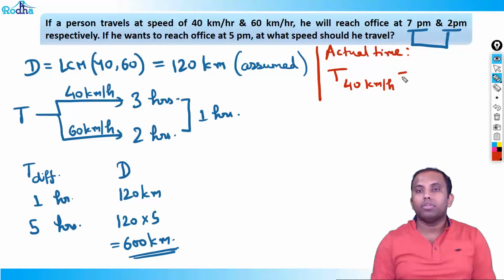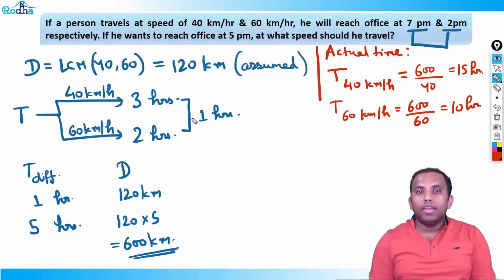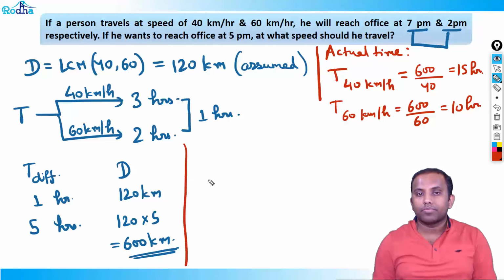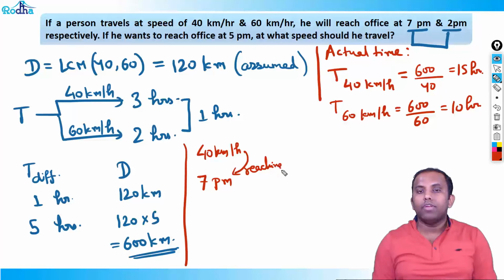At the speed of 40 kilometer per hour, he is reaching his office at 7 p.m. Then when did he start?